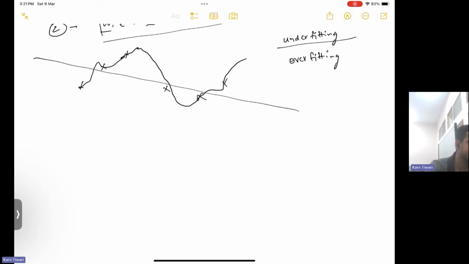So the thing is, the simple model, whatever point you take and you perform k times, it will always remain around the same. Okay, it does not fluctuate. But the second thing is it has a very high error, and it is underfitting basically.